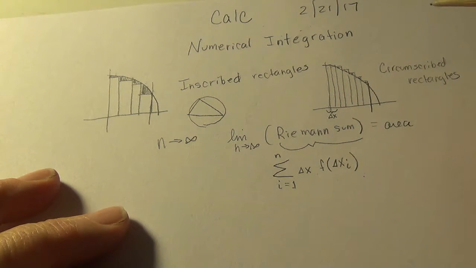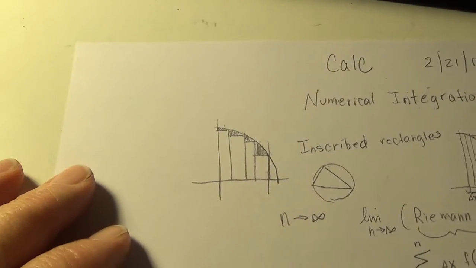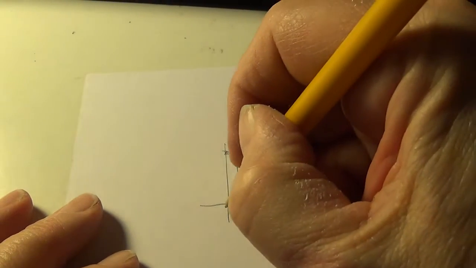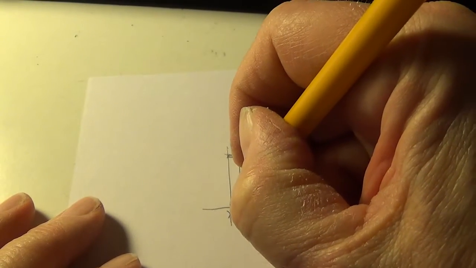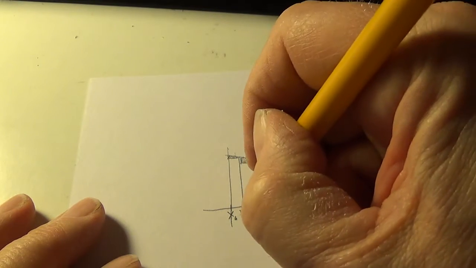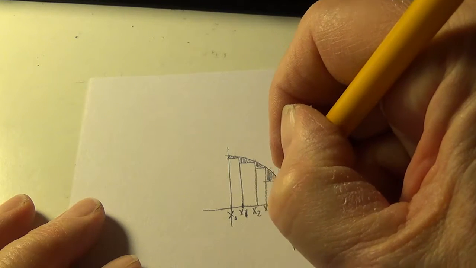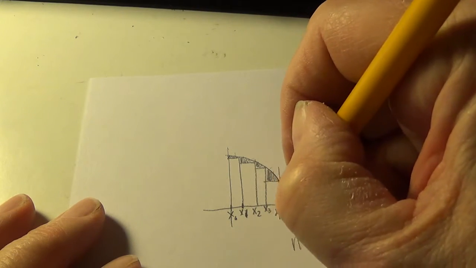So what I mean by that is, say we're talking about this one. This would be x sub 0, this value. This value would be x sub 1, x sub 2, x sub 3, and x sub 4.